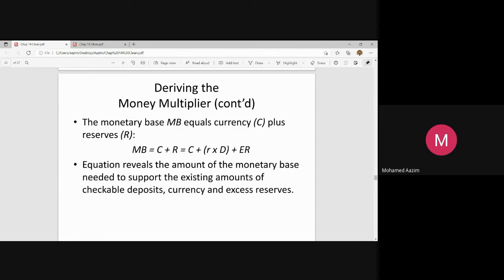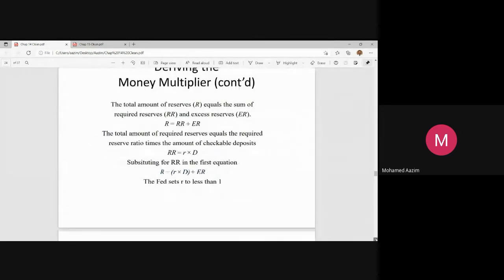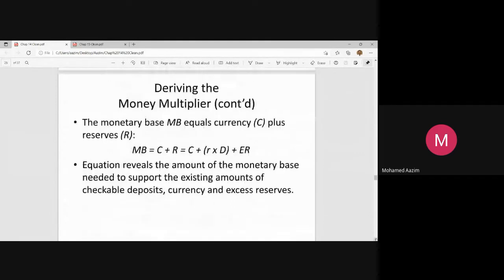And you just defined R in the previous slide. It's here. This is R. Here you just define, right? So that R being expanded within the monetary base equation.